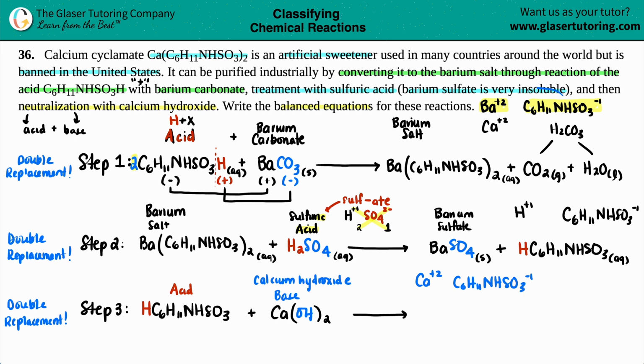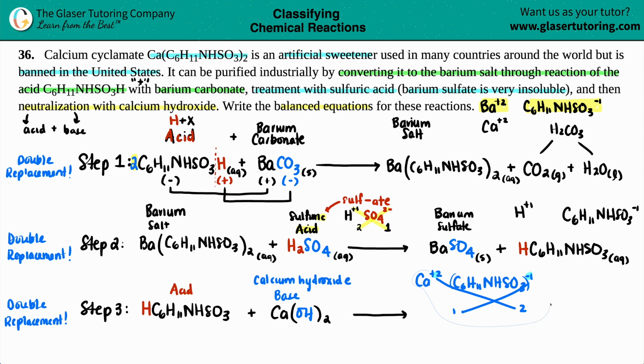That was the -1 charge. So crisscross it out. +2 coming down here telling me that you need 2 of those. The -1 tells me I just need the 1 calcium. And if you have multiple polyatomics, you gotta use those parentheses, and it looks very similar to this. So that's the product.